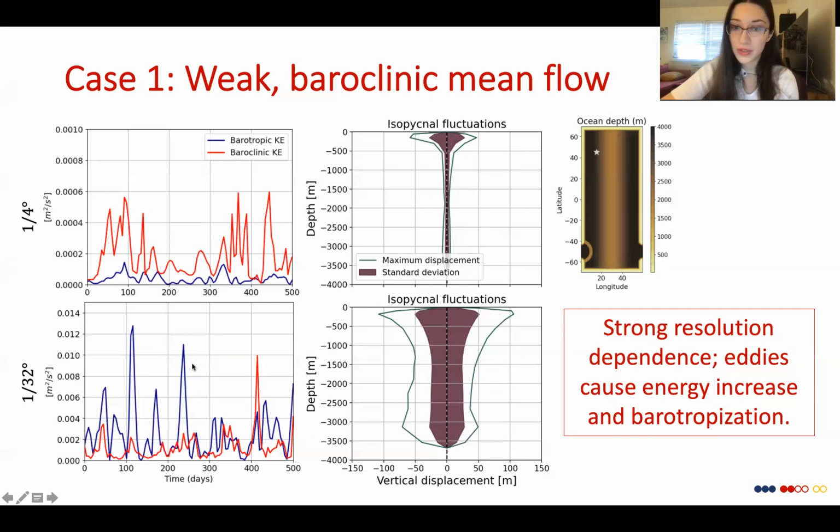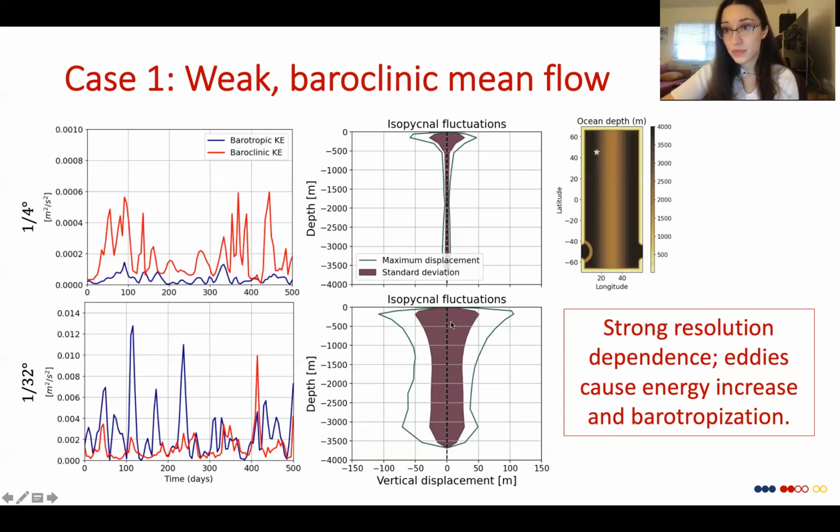When we look at the higher resolution case, we see that now there's a great deal more barotropic kinetic energy. Keep in mind also that the y-axis here is about an order of magnitude larger. The baroclinic kinetic energy is still substantial, but it is generally weaker than the barotropic component. If we look at the isopycnal fluctuations, we also see a profound shift in the vertical structure.